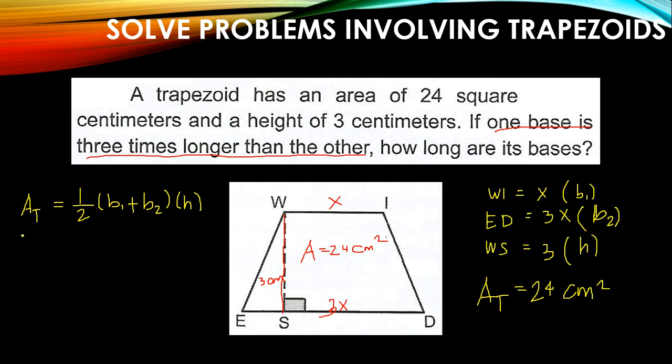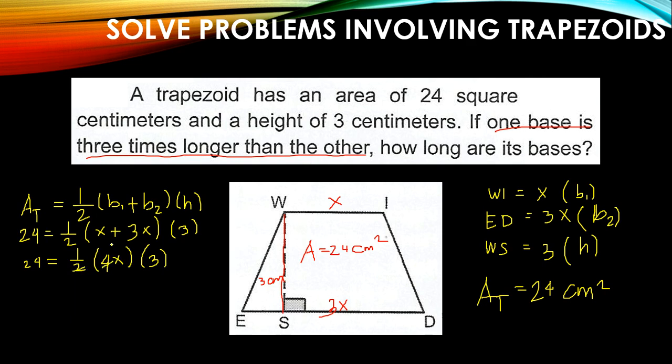Then substitute the given elements in the problem. So area is 24, that equals 1/2 times b sub 1, which is x, plus b sub 2, which is 3x, then times height, which is 3. So 24 equals, combine, that is 4x. So 1/2 times 4x times 3. The 4 and 2 can cancel.